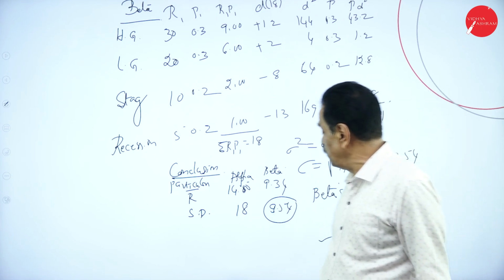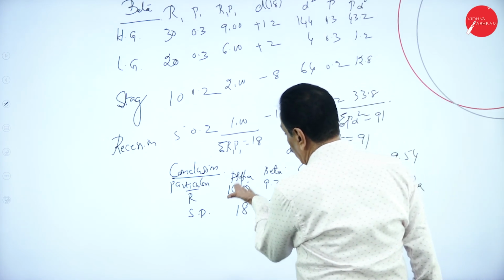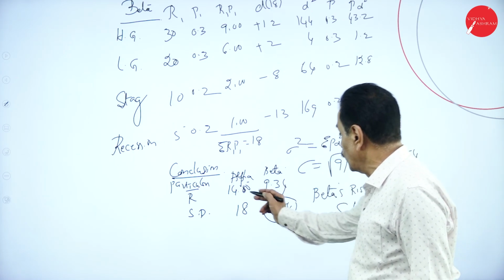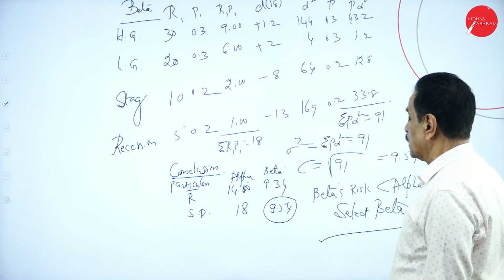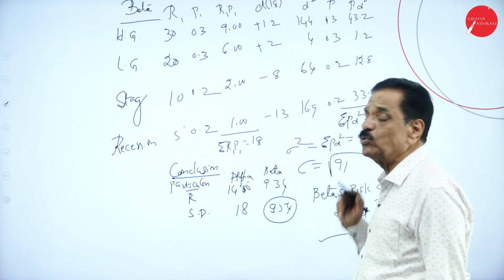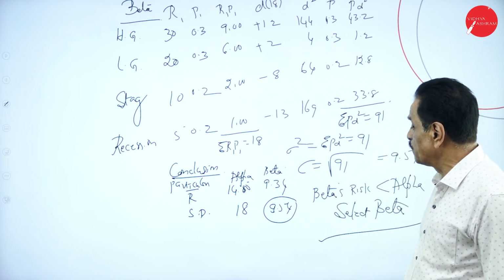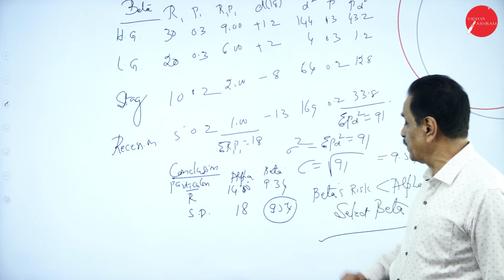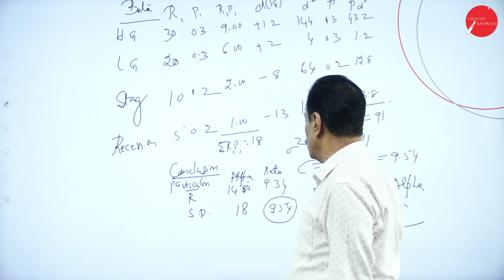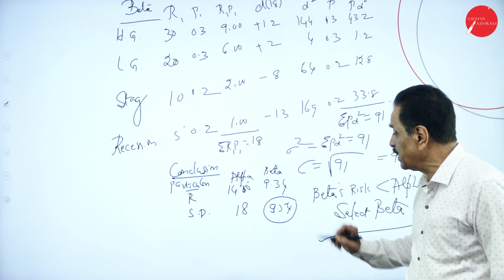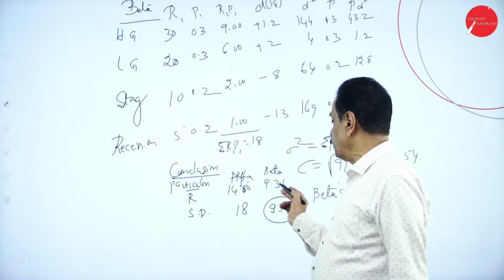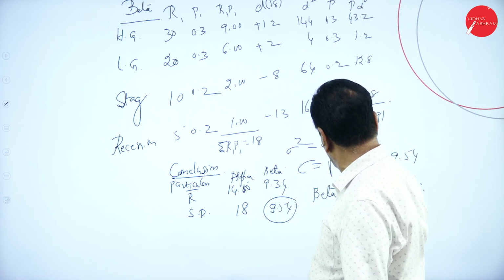Better to select the less risky. Return 18 versus 14.50, standard deviation 9.54 versus 9.34. It is just about a 2 point difference, no problem at all. So better to select the beta.